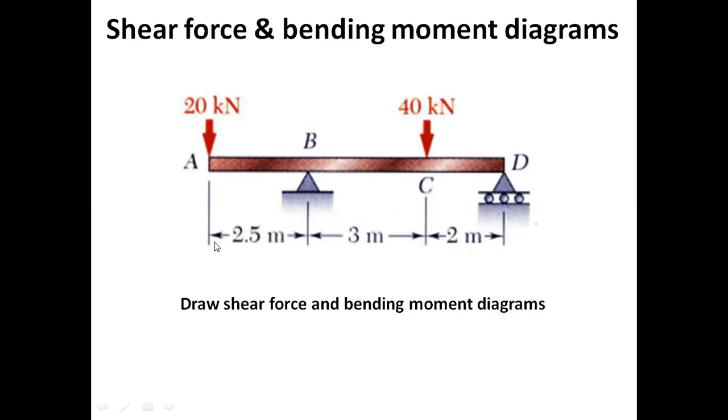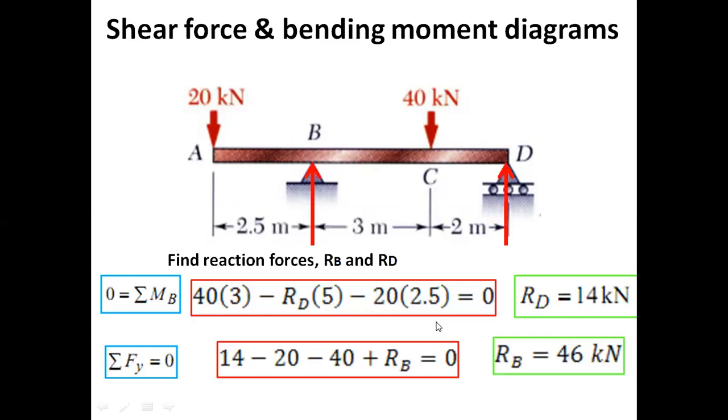The distance between point A and point B is 2.5 meters, BC is 3 meters, and CD is 2 meters. As this portion of the beam extends beyond the support, we are dealing with an overhang beam.